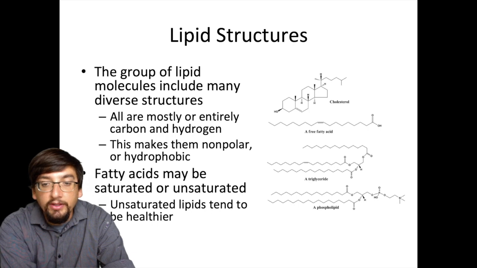The second molecule you can see was labeled a free fatty acid. It's basically a long chain of carbons bonded to each other with hydrogens occupying all the empty spaces around it. The end of it has a carboxylic acid, which is why it's called a fatty acid. And that carboxylic acid is used to attach the fatty acid to other things. For example, a glycerol molecule will accept 3 fatty acids to form what's called a triglyceride, which is the third molecule here.